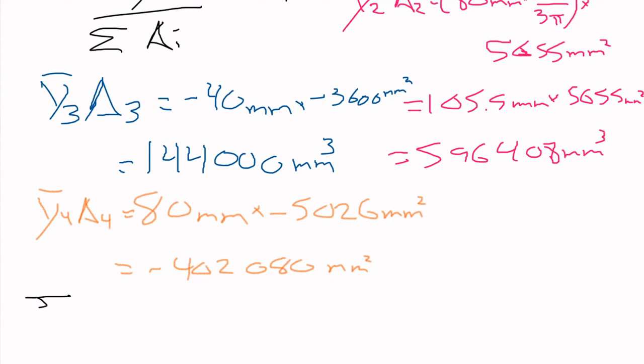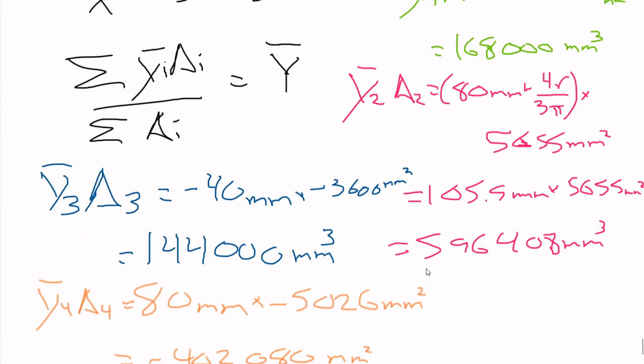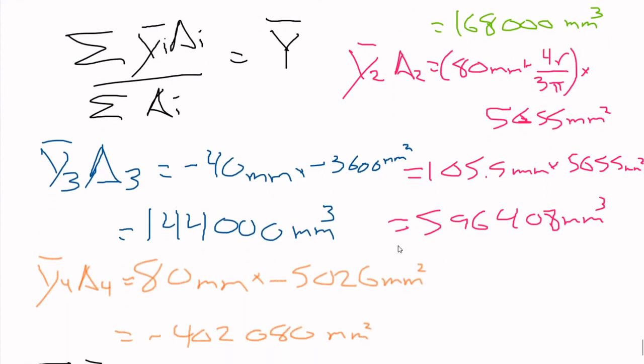So the sum of our yi bar Ai's is going to be equal to 168,000 millimeters cubed plus 596,408 plus 144,000 minus 402,080.